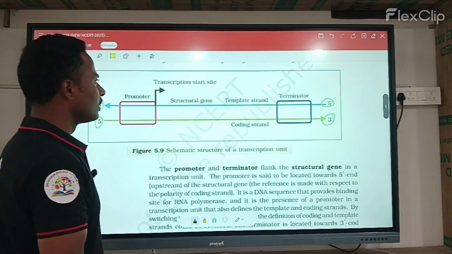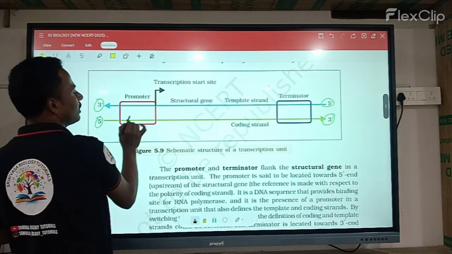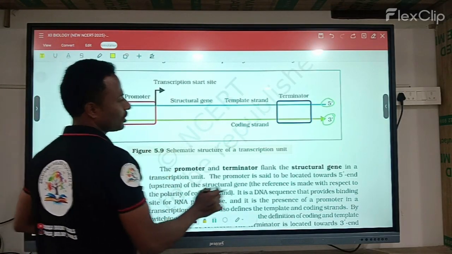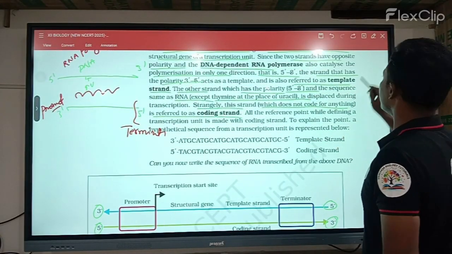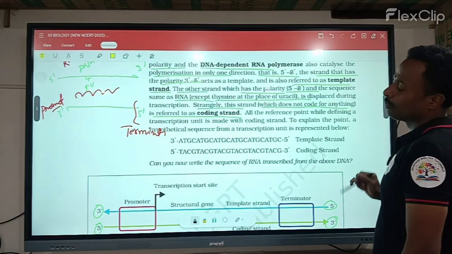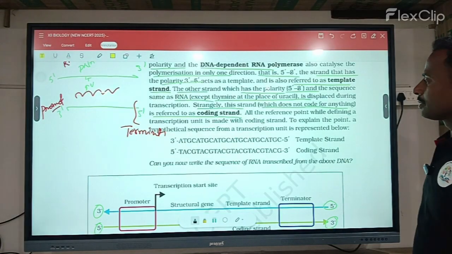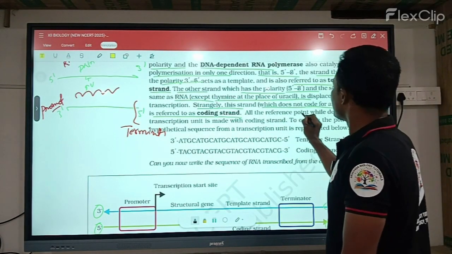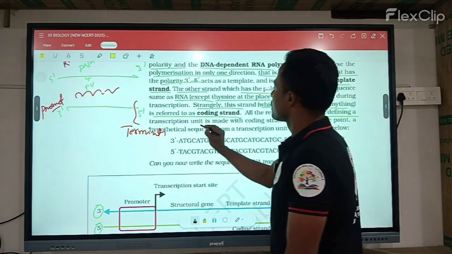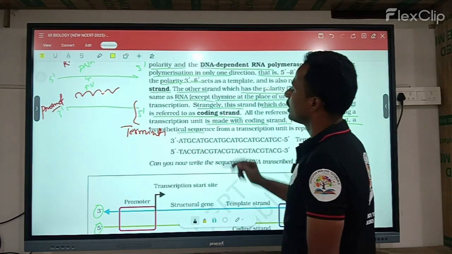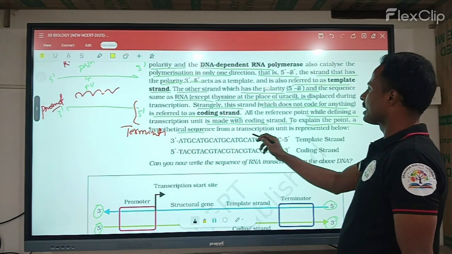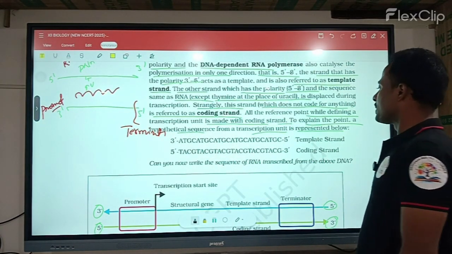In this region, different codons bind within the strand. For reference, the transcription unit is defined with the coding strand, and a hypothetical sequence of the transcription unit is represented below.